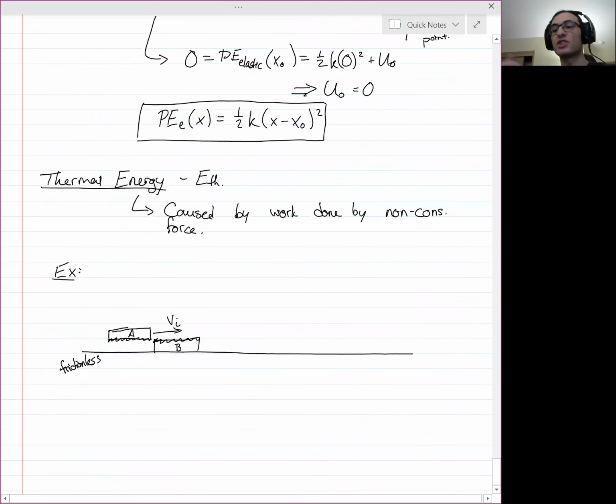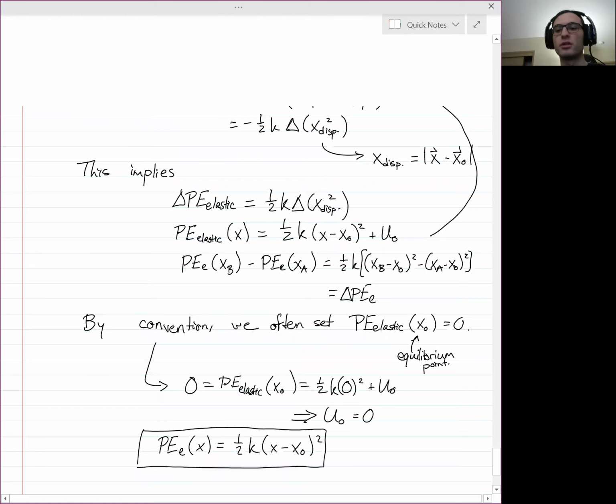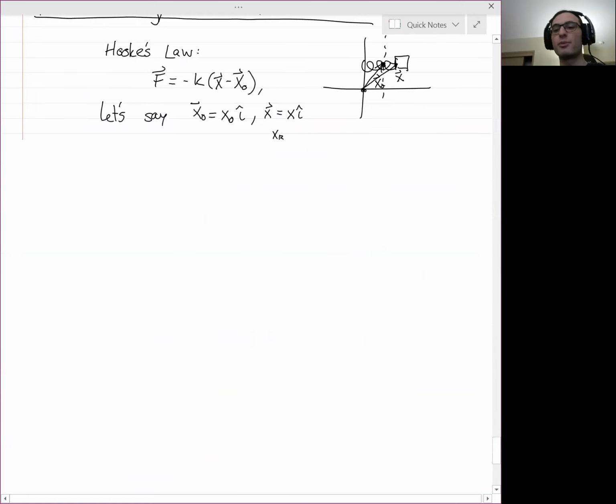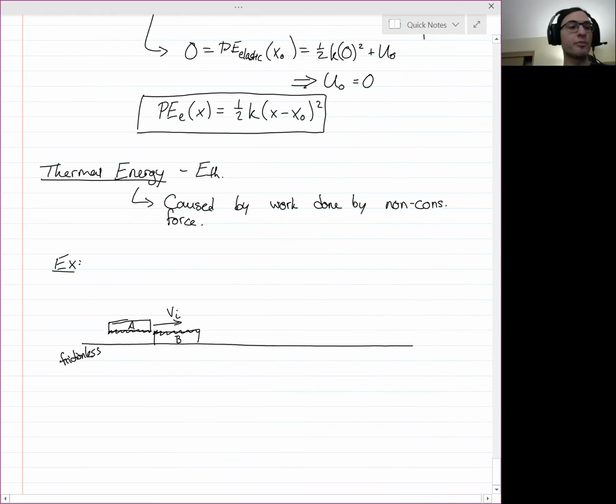So right now, it's just a function that you're able to use to describe the work done by the spring force. That's all.